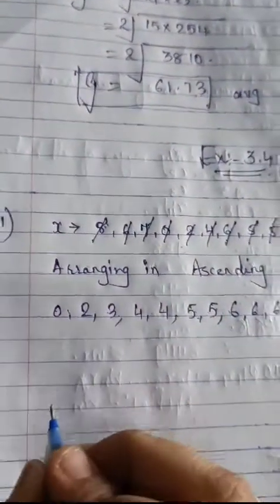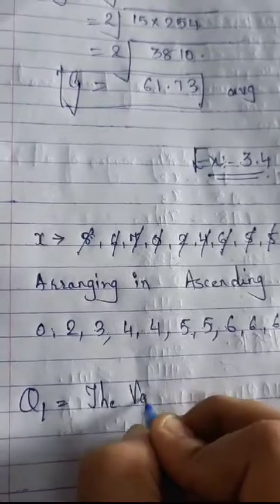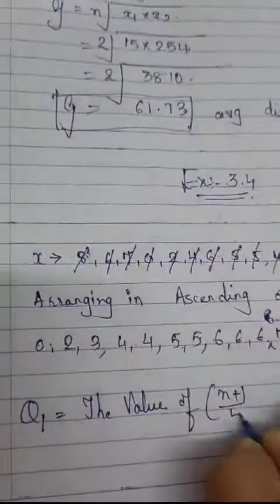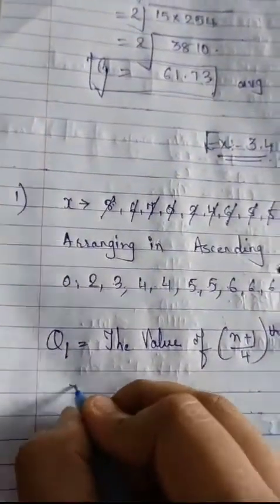Now they have said to find quartiles. For Q1, the formula is the value of (n plus 1) divided by 4th observation. Quartile means dividing into 4 parts.